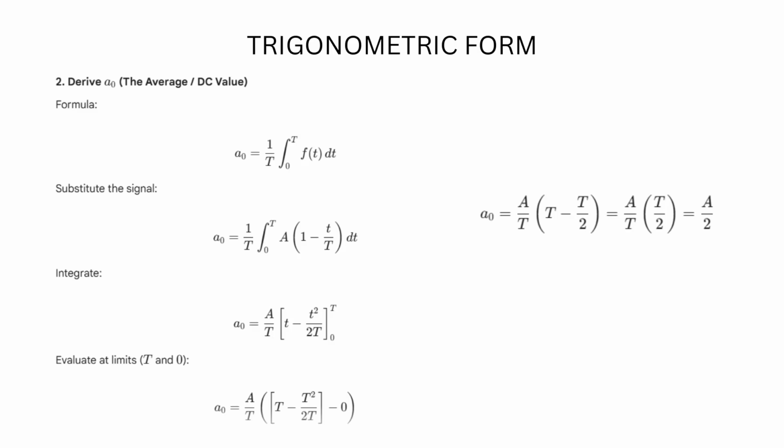F of t equals A times the quantity 1 minus t over big T. This gives A naught equals 1 over big T times the integral from 0 to big T of A times the quantity 1 minus t over big T dt. We now integrate the expression inside the brackets.